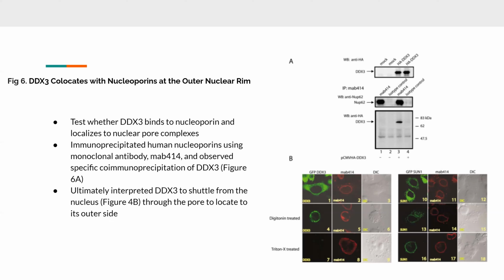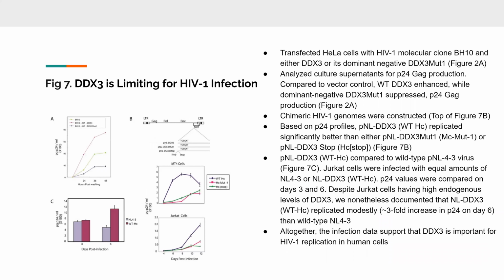Triton X detergent removed the outer nuclear membrane but left the inner nuclear membrane intact, and the signal for inner nuclear membrane protein Sun1 was unchanged as seen in panel 16, while the signal for GFP-DDX3 was removed as seen in panel 7. Therefore, DDX3 was on the inner side of the nuclear membrane and is shuttled through the pore to the outer side. The last key point is DDX3 limits HIV-1 replication.